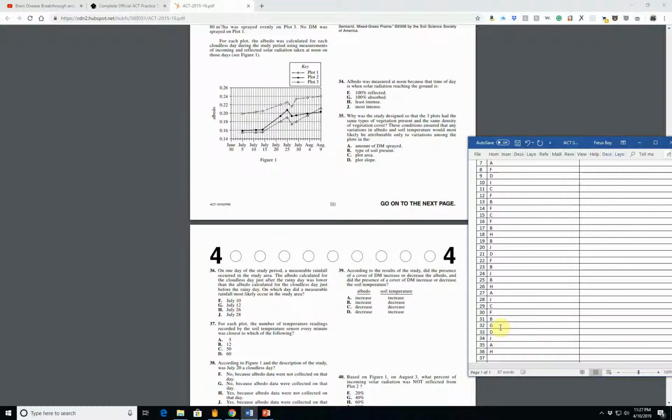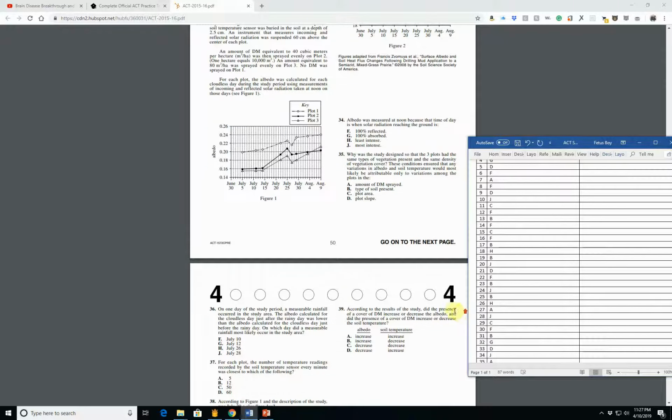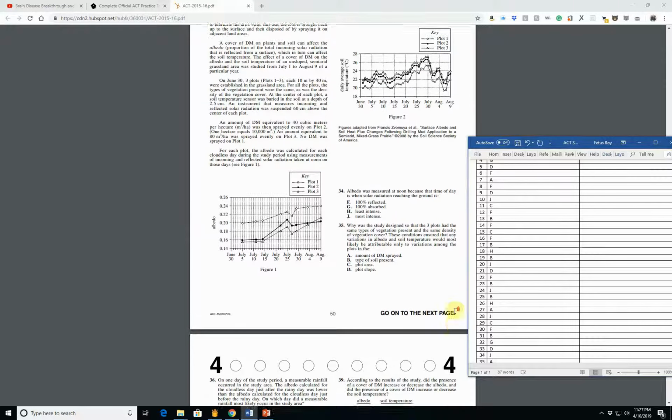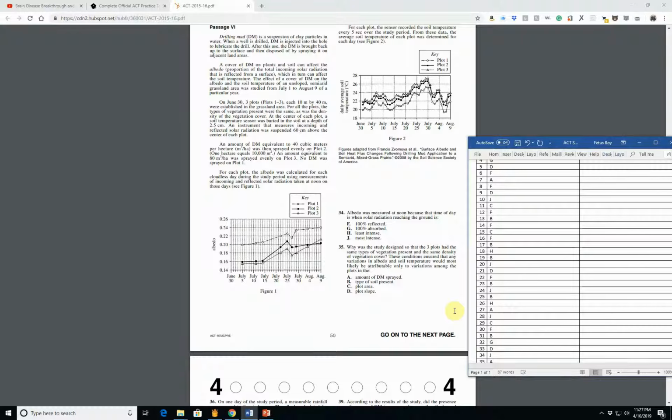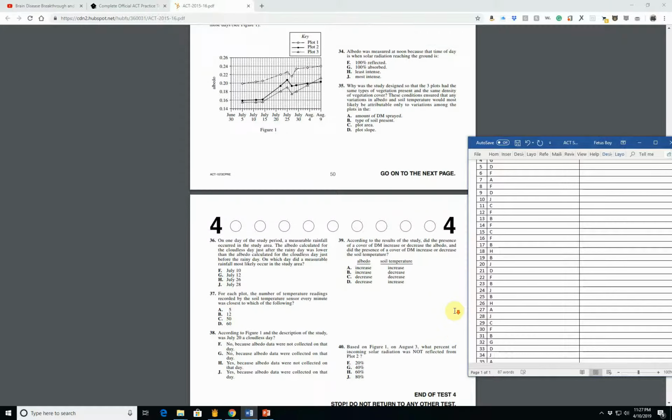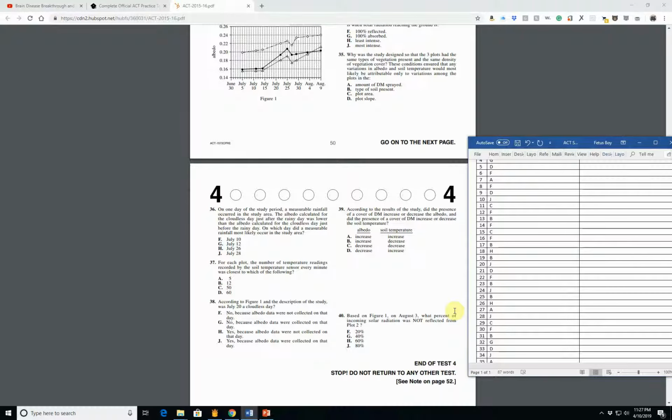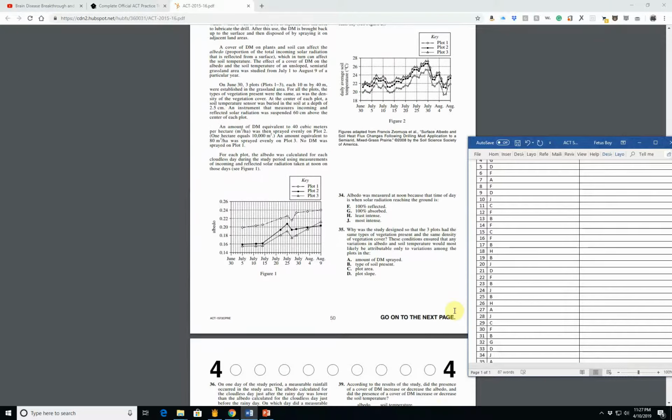For each of the plots, the number of temperature readings recorded was closest to the following. I don't get it. Oh, I see, the number of temperature readings. So it looks like 1, 2, 3, 4, 1, 2, 3, 4, 1, 2, 3, 4.